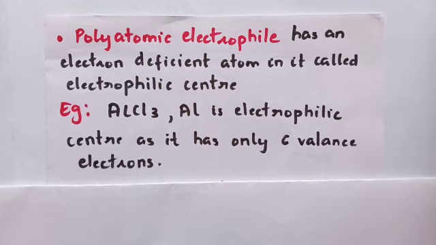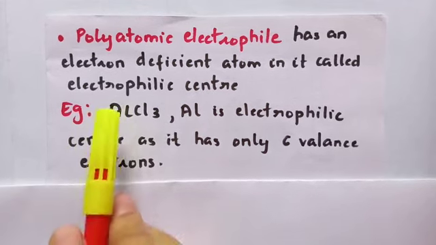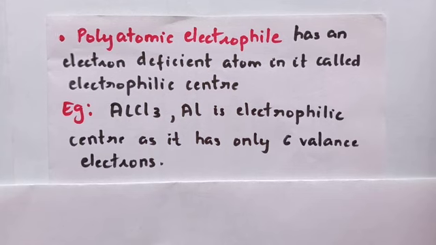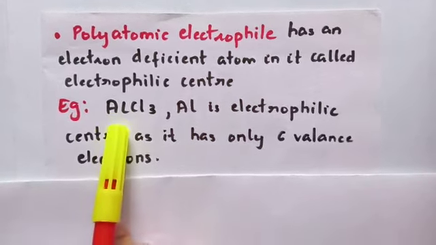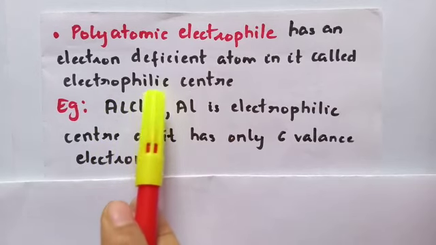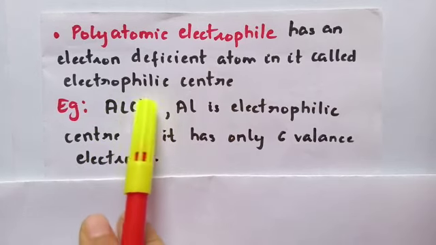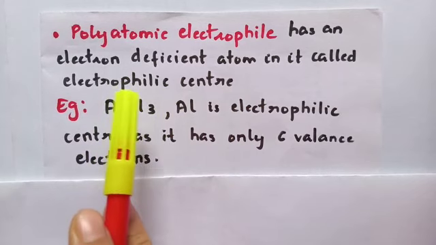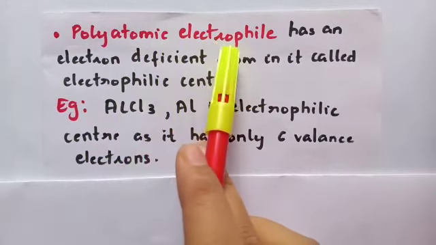Now see, there are neutral species which can act as electrophile or nucleophile. For example, you can see this compound AlCl3, aluminium chloride. In this aluminium chloride compound, overall there is no charge. It is a compound, neutral in nature, but it acts as a polyatomic electrophile.